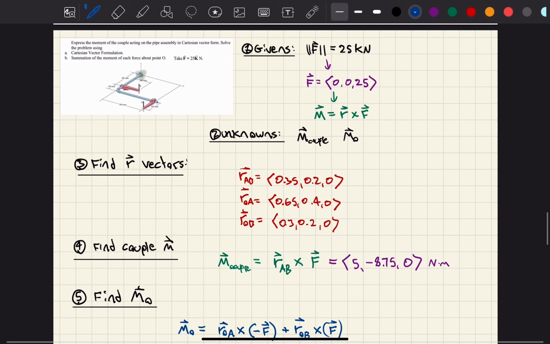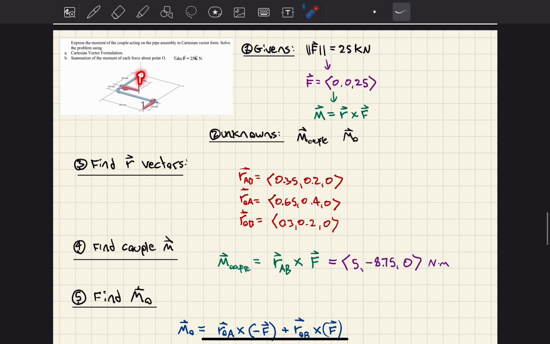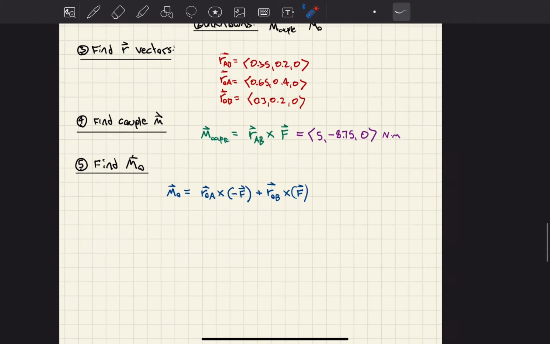And if we say that on the diagram right here, from O to B, we're going to use the positive force, and from O to A, we're going to use the negative force.